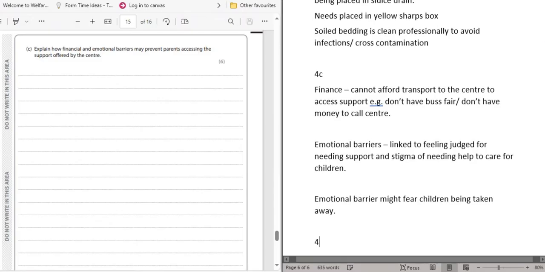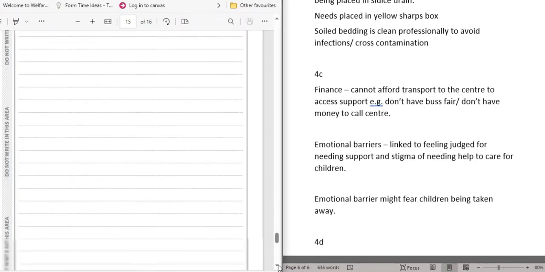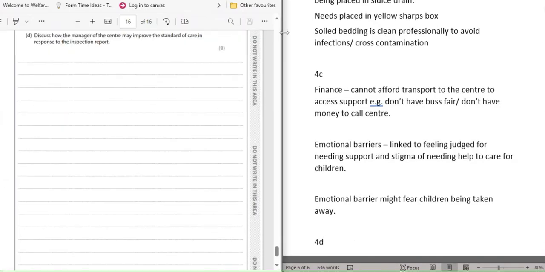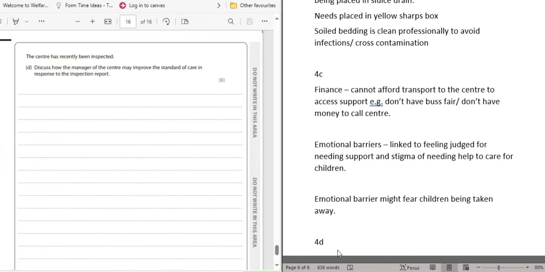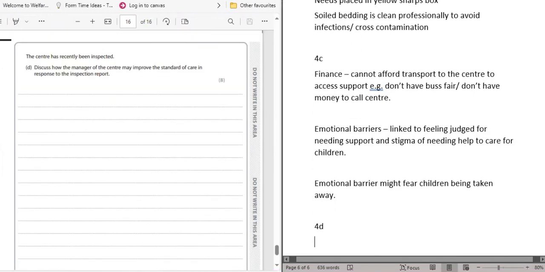And then last but not least, we've got 4D, and then we'll look at the marking for these. So the centre has recently been inspected. So discuss how the line manager at the centre may improve the standard of care in response to the inspection report.